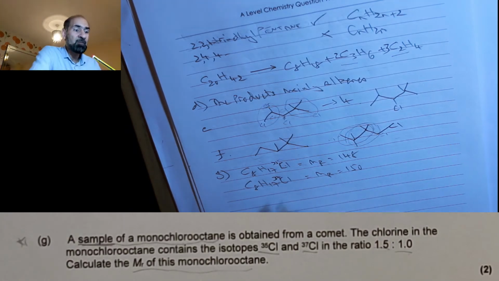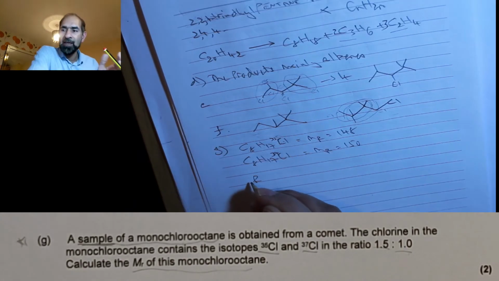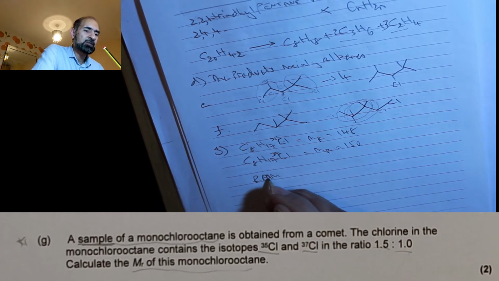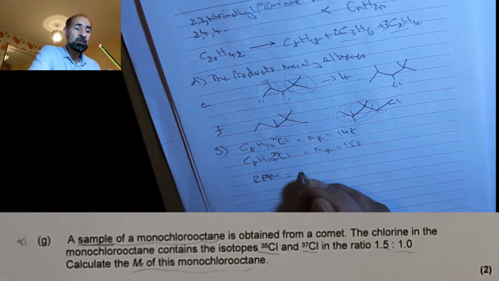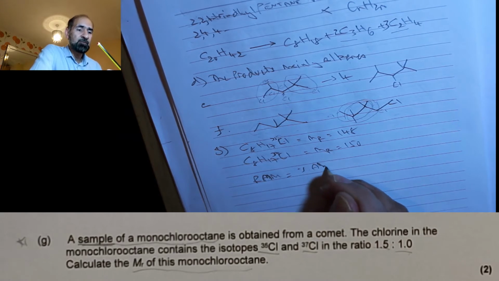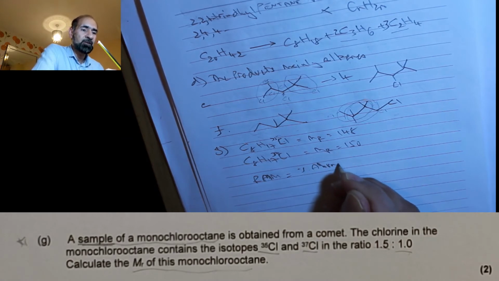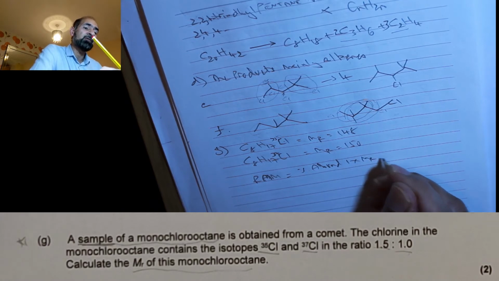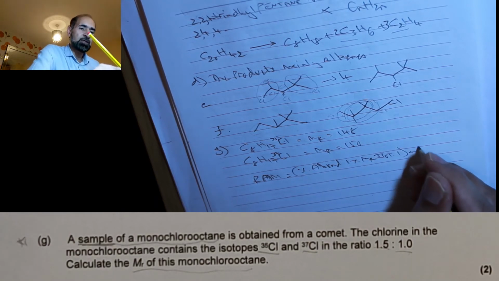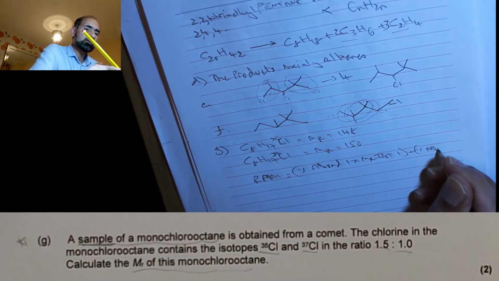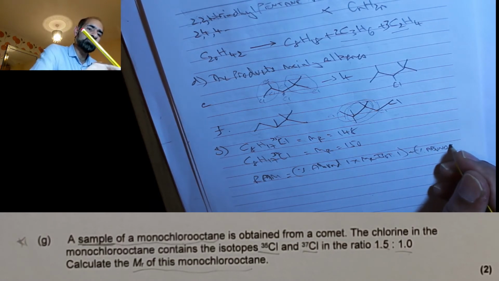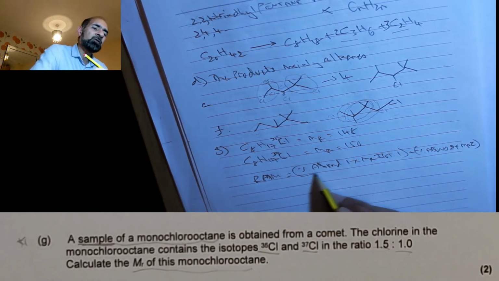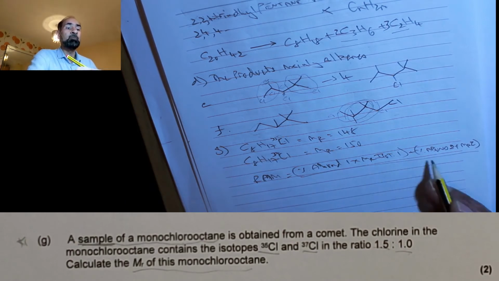The formula, in this case, I'm going to use relative atomic mass or relative molecular mass, equals percentage abundance of isotope 1 times the MR of isotope 1, and then you add it to the percentage abundance of isotope 2 times the MR of isotope 2, and so on if there were more. And of course, you divide it by the total abundance.